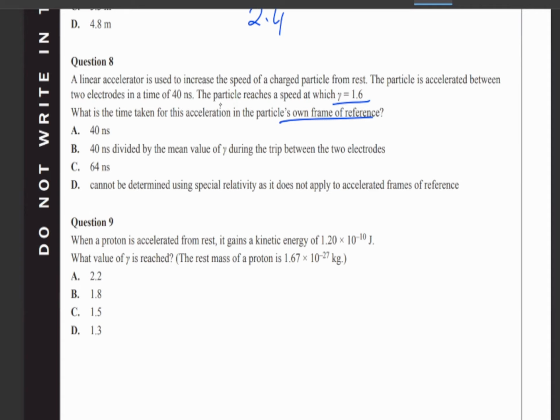The time taken for this acceleration, because it's being accelerated, special relativity only applies to non-accelerated objects, so we can't really do anything. So it's 8D, I think.